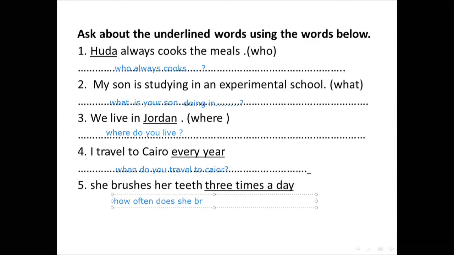How often does she brush her teeth? These are the answers. Okay, now this exercise helps you see how we can use the wh questions, or change the affirmative sentence by using wh questions.